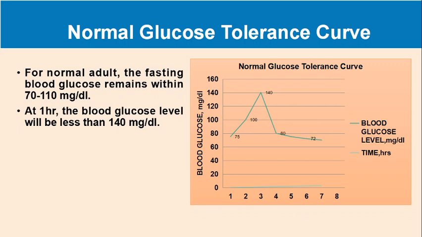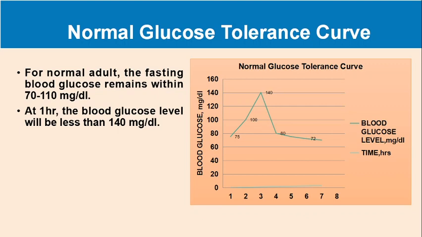In the case of normal persons who do not have diabetes, the fasting sample should be within the range of 70 to 110, and at 1 hour interval the blood glucose level will be less than or equal to 140 milligram per dl.